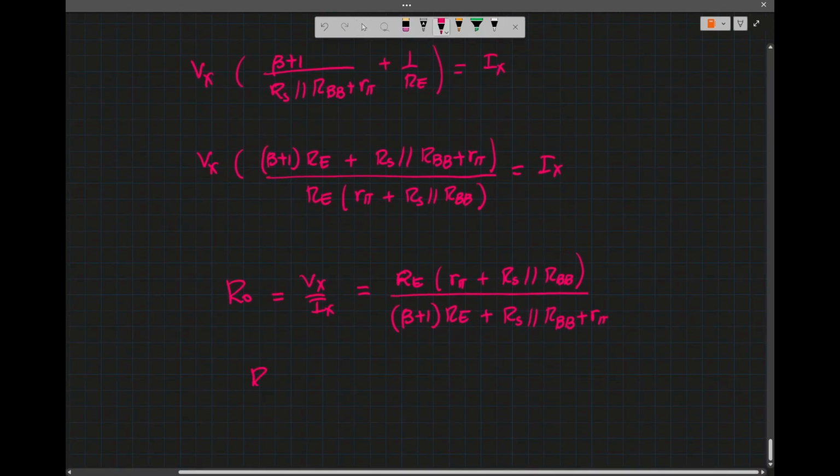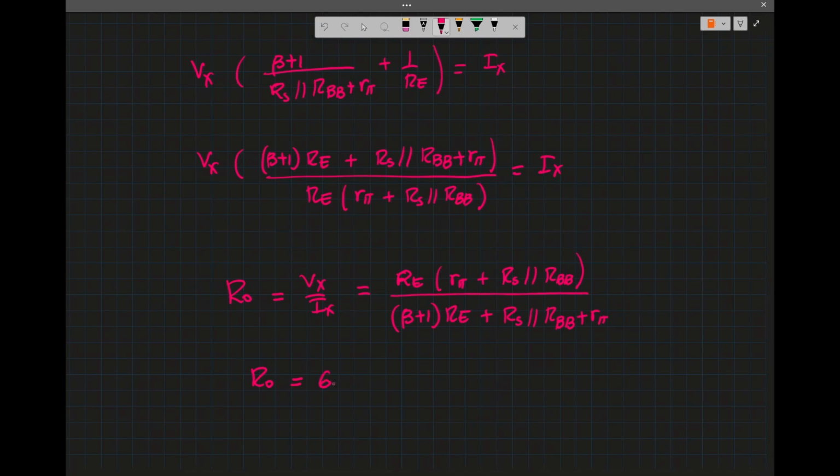When you calculate that, you are going to get 6.52 ohms.